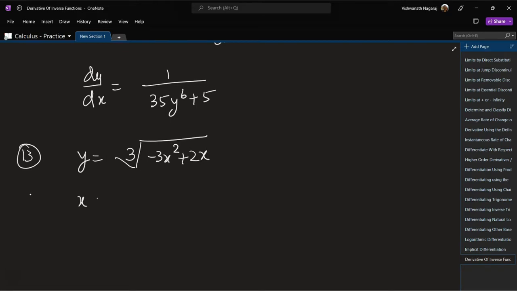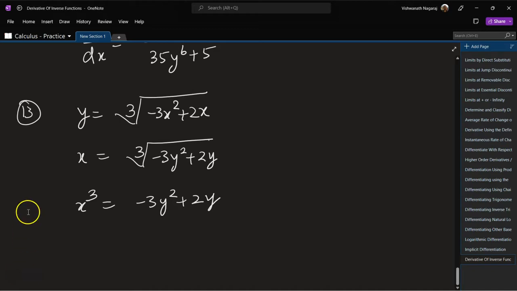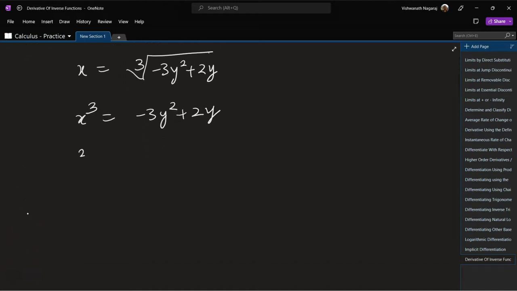Okay, 13th one, y is equal to cube root of minus 3x square plus 2x. Okay, inverse of this would be x is equal to cube root of minus 3y square plus 2y. Now, what we can do is, instead of taking it as 1 by 3, let's cube both the sides. So we get x cube is equal to minus 3y square plus 2y. This makes it a little bit simpler to differentiate. So we get 3x square is equal to minus 6y dy by dx plus 2 dy by dx.